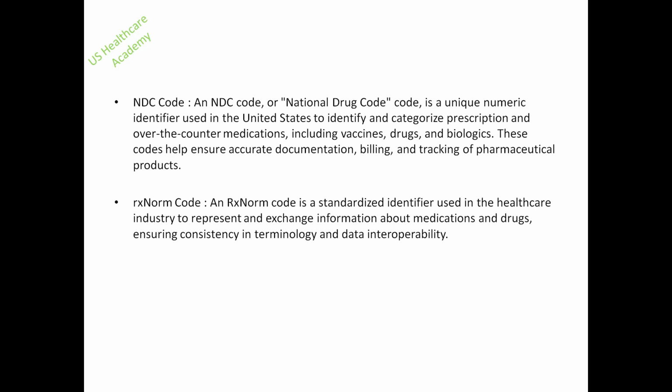Sorry, I forgot to mention that. RxNorm code depends on three things: the content, the strength of the drug, and the form of the drug. When I say form, is it an injection? Is it a tablet? The form basically.